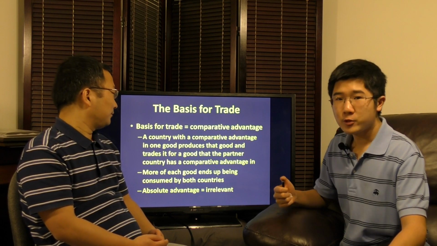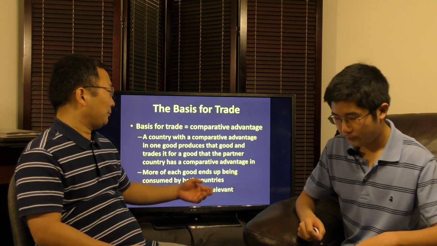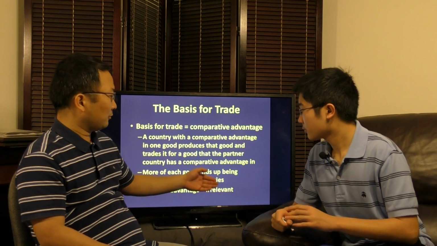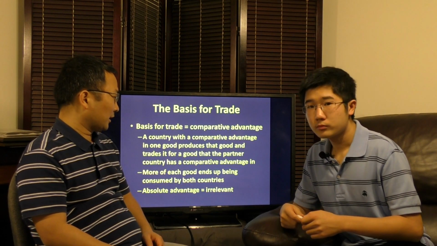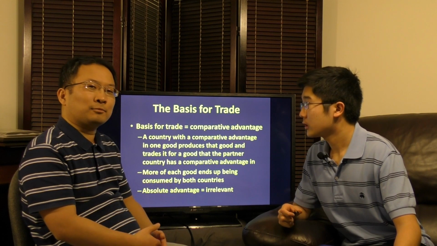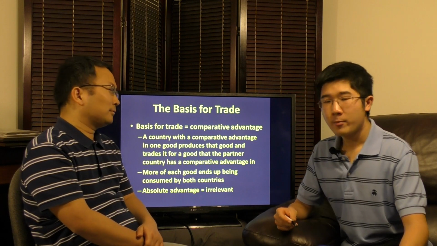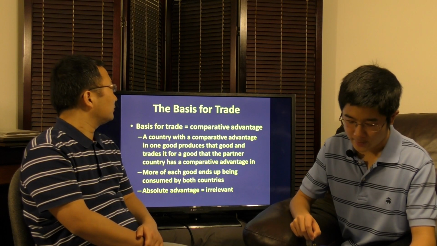Because of this, absolute advantage becomes irrelevant when it comes to trade. Because of trade, production can be increased, and consumption can also be beneficial for both parties. This is due to both parties producing what is relatively cheapest for them, their comparative advantage.